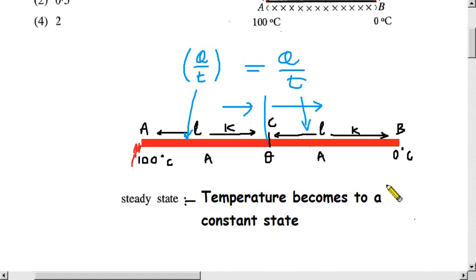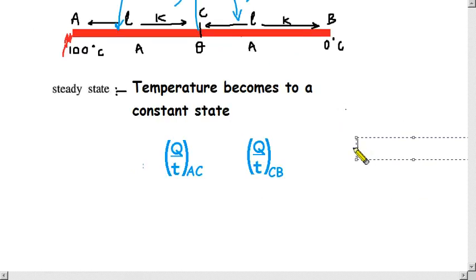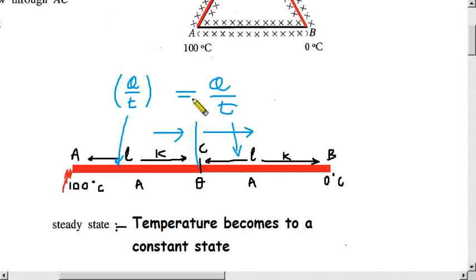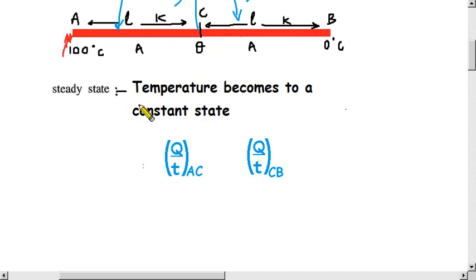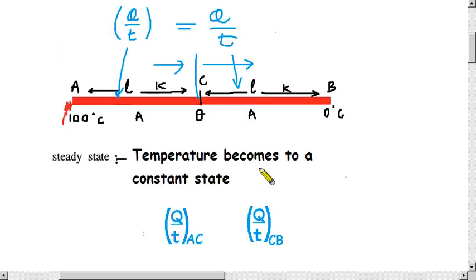So that is the principle. So therefore children, now we can write this equation as I explained, Q divided by t for this rod AC, and Q divided by t for this rod CB.